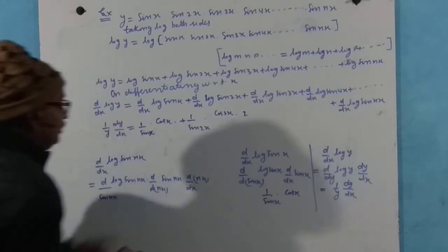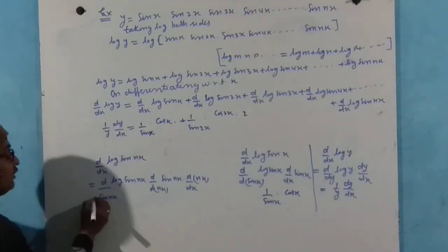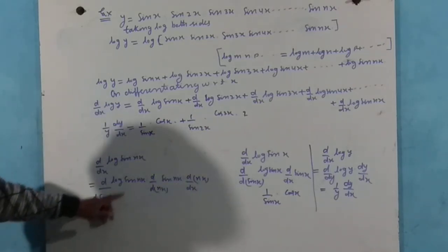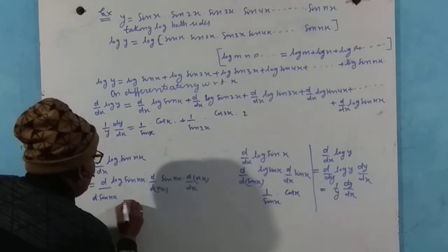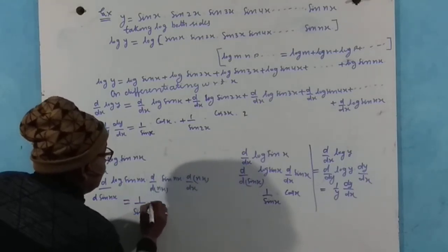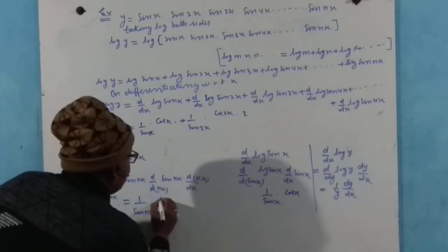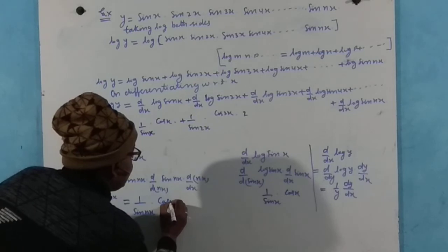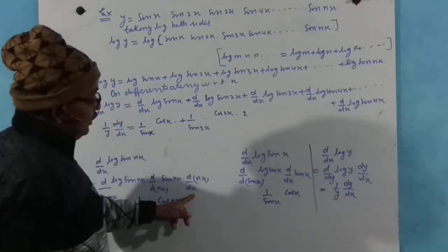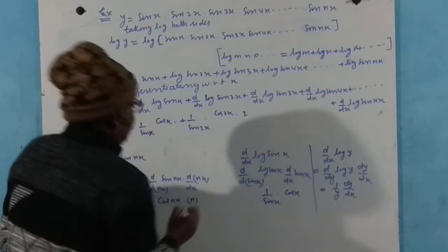Now here, this is with respect to sin nx. This is equal to 1 by sin nx, and sin nx with respect to nx is cos nx, and with respect to x, this can be written as simply n here.